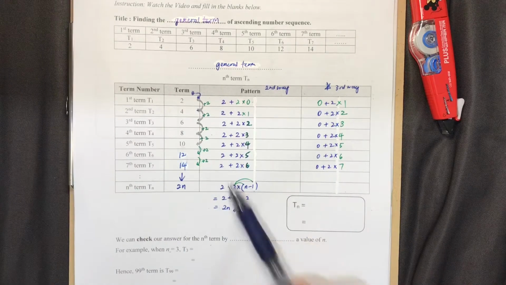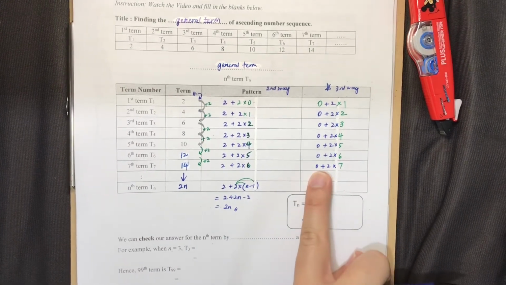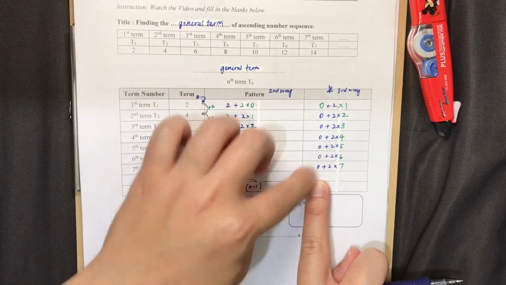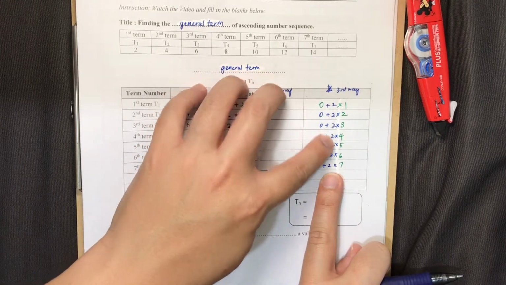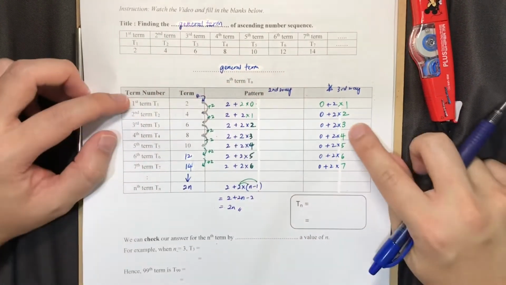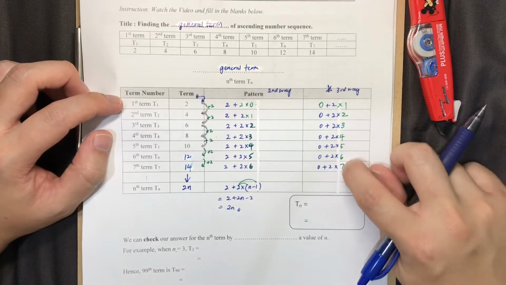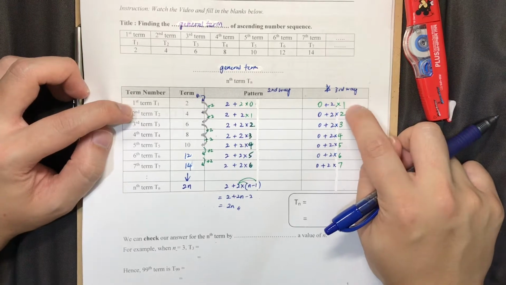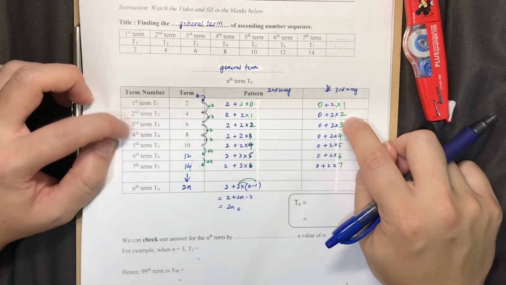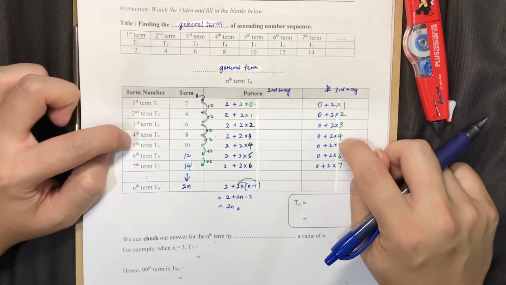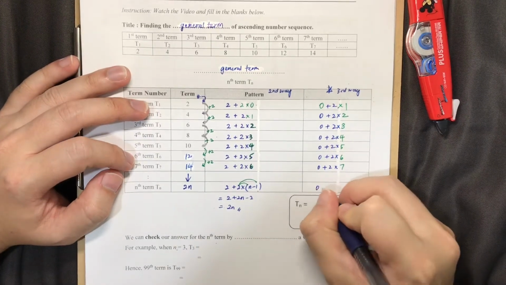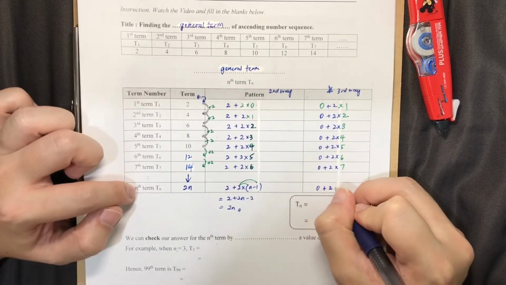Right? So if you notice, like just now, the entire pattern is 0. Here the entire pattern is 2 times, correct? However, the numbers that change are 1, 2, 3, 4, 5, 6, 7. So the first term is times 1, second term times 2, third term times 3, fourth term times 4, fifth term times 5, sixth term times 6, and so on. So what we can write here is 0 plus 2 times n.